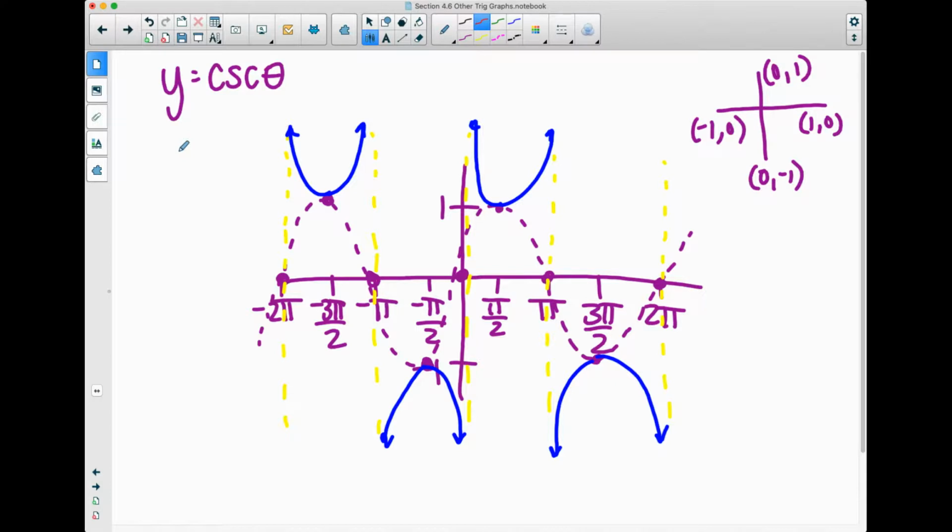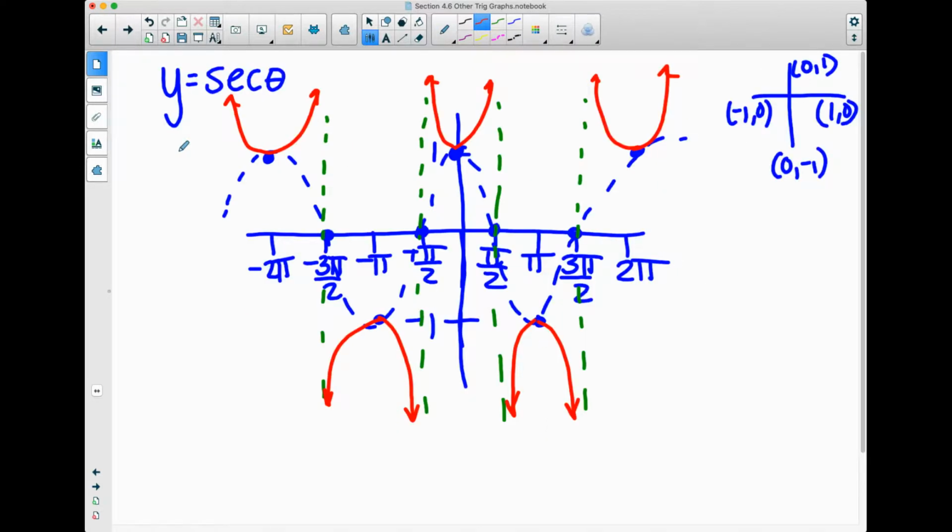It's none. Okay, so the amplitude is none. Same thing for secant. We get caught up in the test and we're really getting after it, and something as simple as y equals 2 secant theta pops up, and I ask for the period and the amplitude.